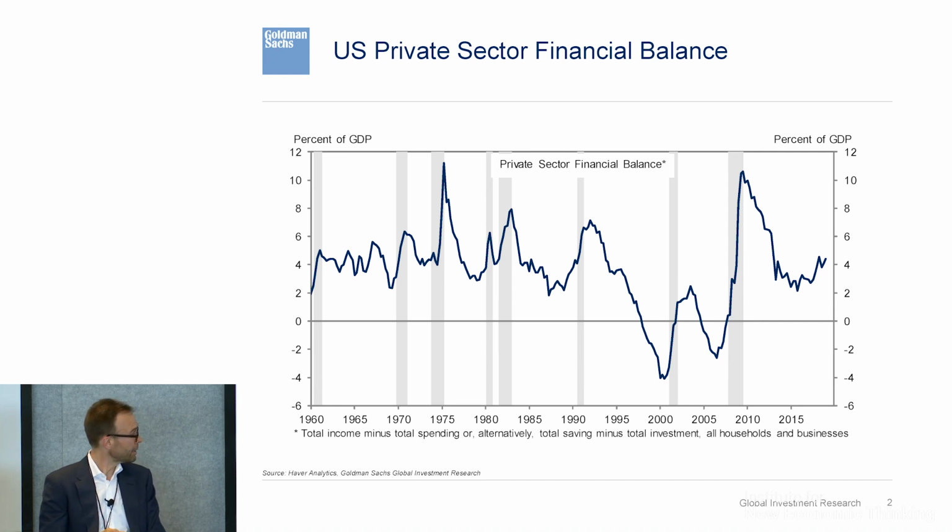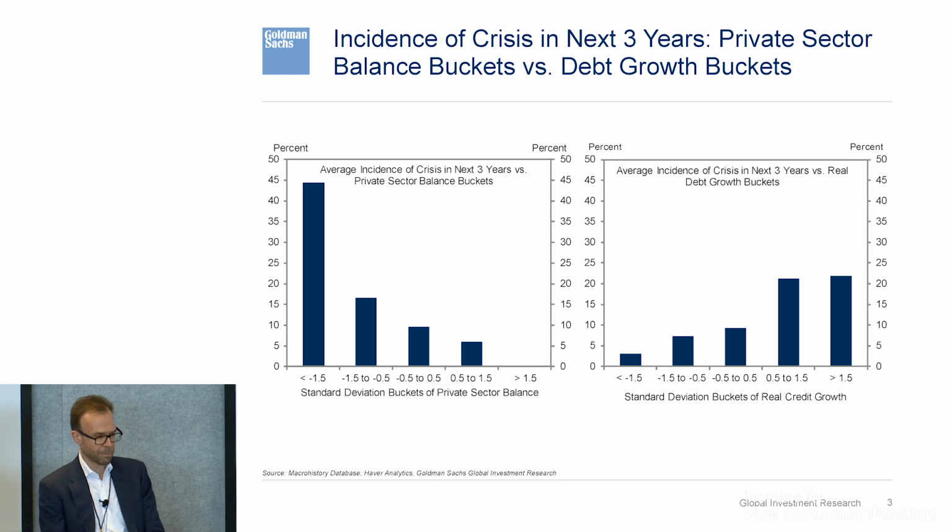And I think if you look at the empirics of the private sector balance, it's reasonably impressive. So what I did here was basically take the crisis data set of Moritz and his co-authors, and I looked at 17 different advanced economies. I basically sorted the observations on the private sector balance into standard deviation buckets.